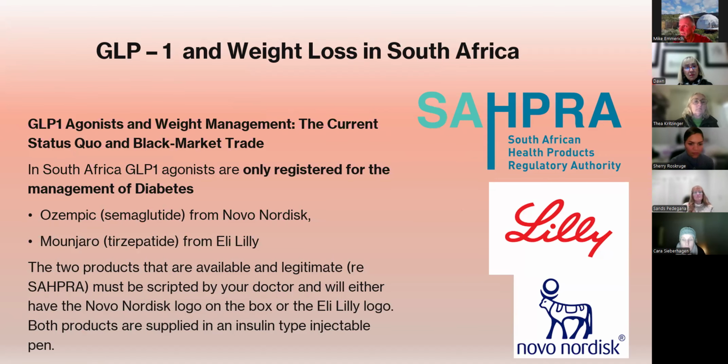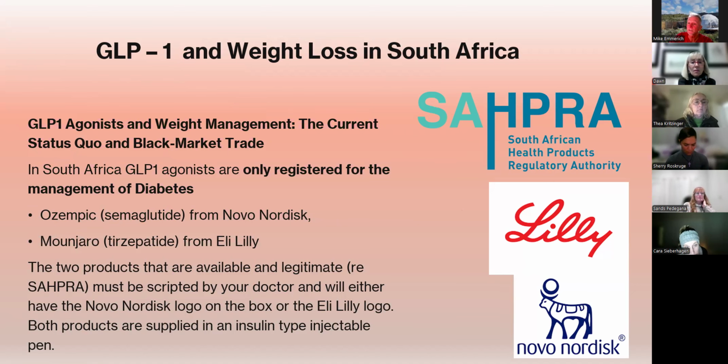So within South Africa, it's important. We're practicing medicine in South Africa, we're practicing healthcare in South Africa, and effectively only Ozempic and Mounjaro by Novo and Eli Lilly are registered for the management of diabetes.